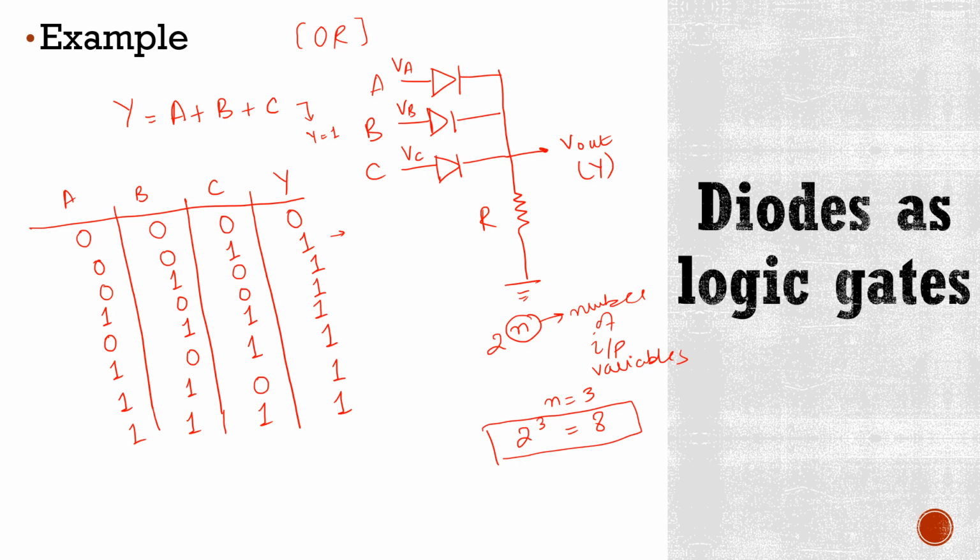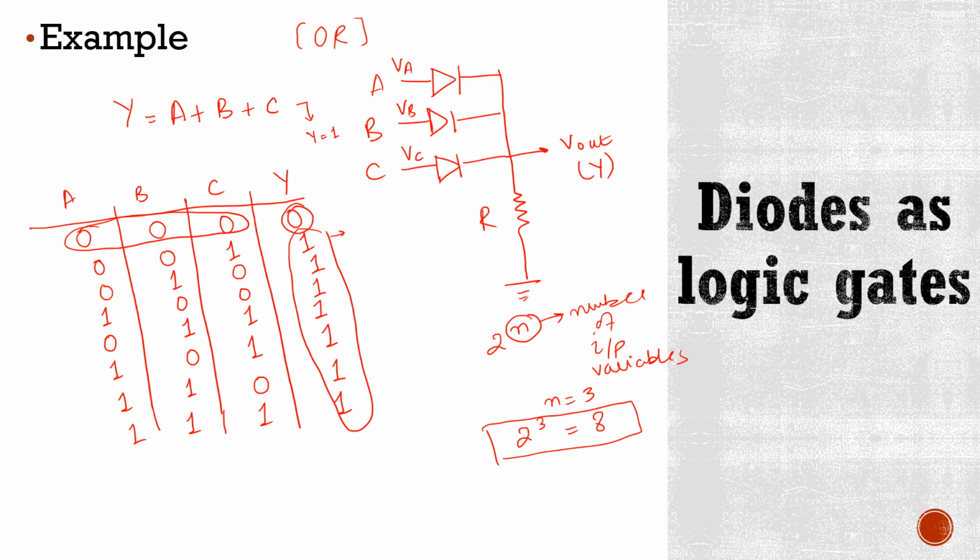So this is logic OR function, which shows that output is off only when all the inputs are off, and output is on when all or any one of the given inputs is on.